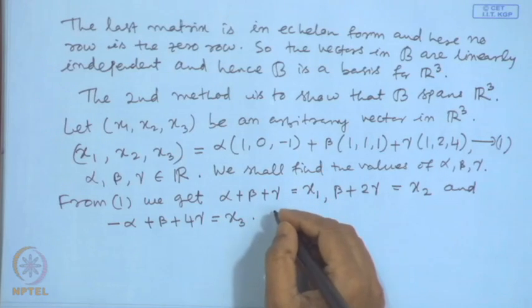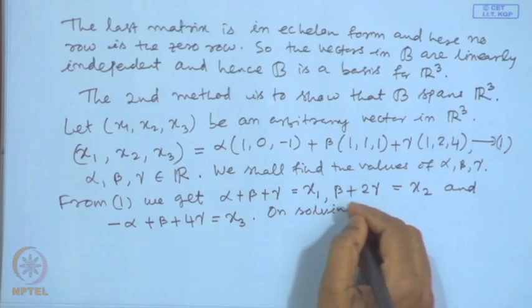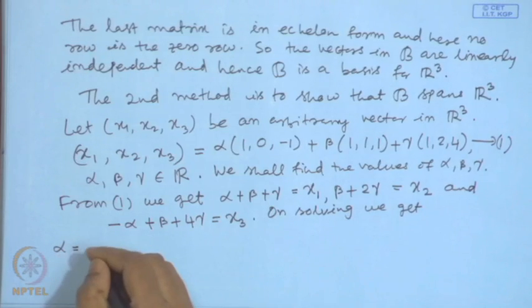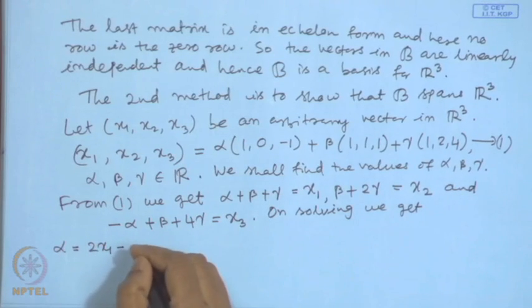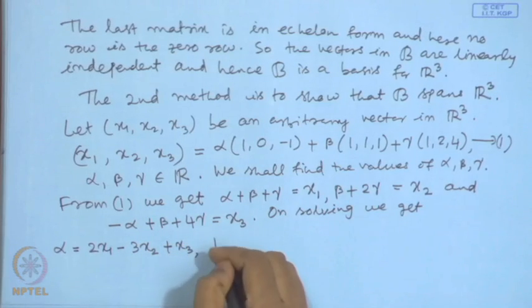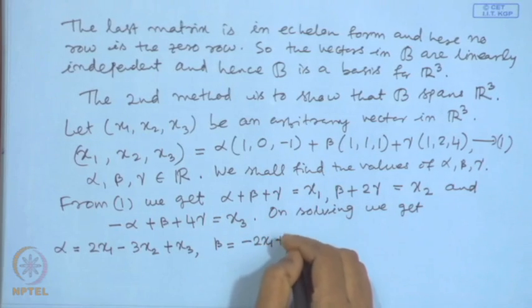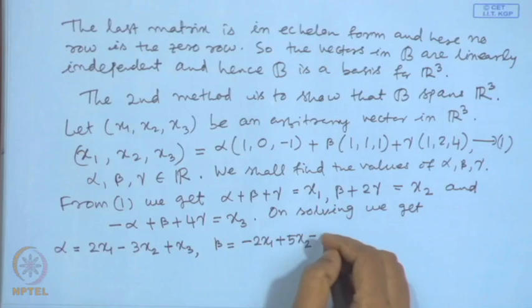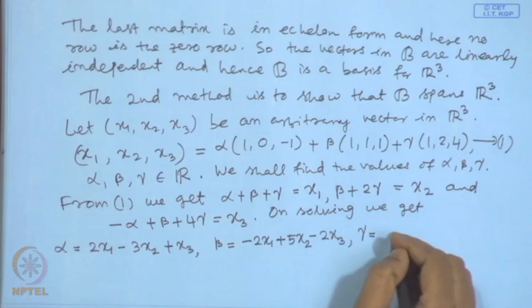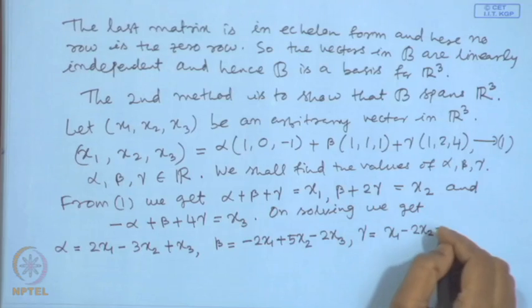On solving for alpha, beta, gamma, we get alpha is equal to twice x 1 minus 3 x 2 plus x 3, beta is equal to minus twice x 1 plus 5 x 2 minus 2 x 3, and gamma is equal to x 1 minus twice x 2 plus x 3.